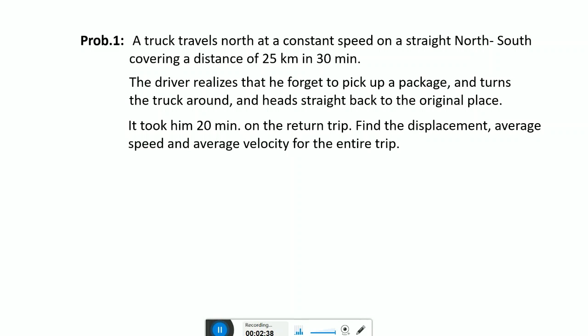The given parameters are x1 is equal to 25 km, t1 is equal to 30 minutes, then x2 is equal to again 25 km and t2 is 20 minutes. So we have to find out displacement, average speed and average velocity for the entire trip.